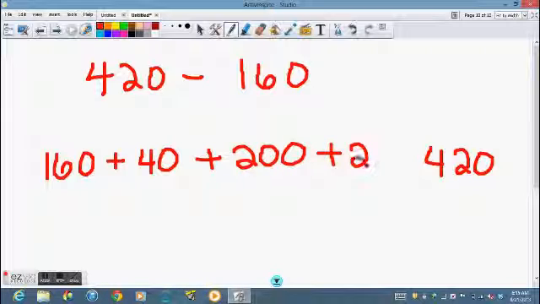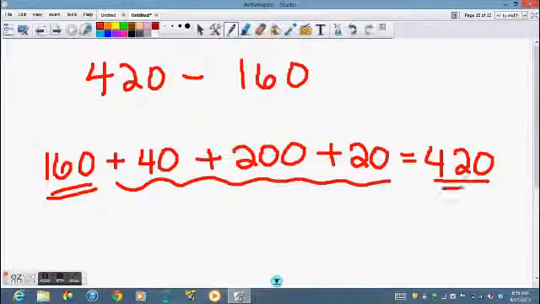Okay? So you want to think about this in steps. In this problem, we started at 160, and the reason I added 40 was that I was trying to get to the next 100. So 160 going up to 200, I had to add 40. At that point, I was at 200, and this is my goal.